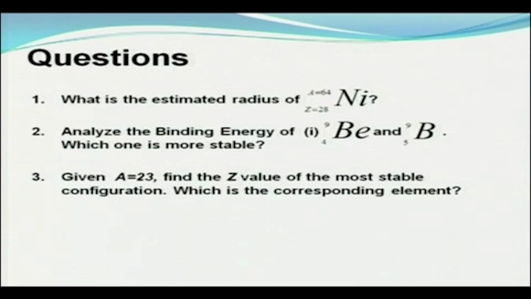Again, you could find out what is the binding energy of this, using the semi empirical mass relation, or find out what is the mass of these objects using the semi empirical mass relation, and find out which one has larger binding energy or smaller mass value. Okay, that will be the most stable one.